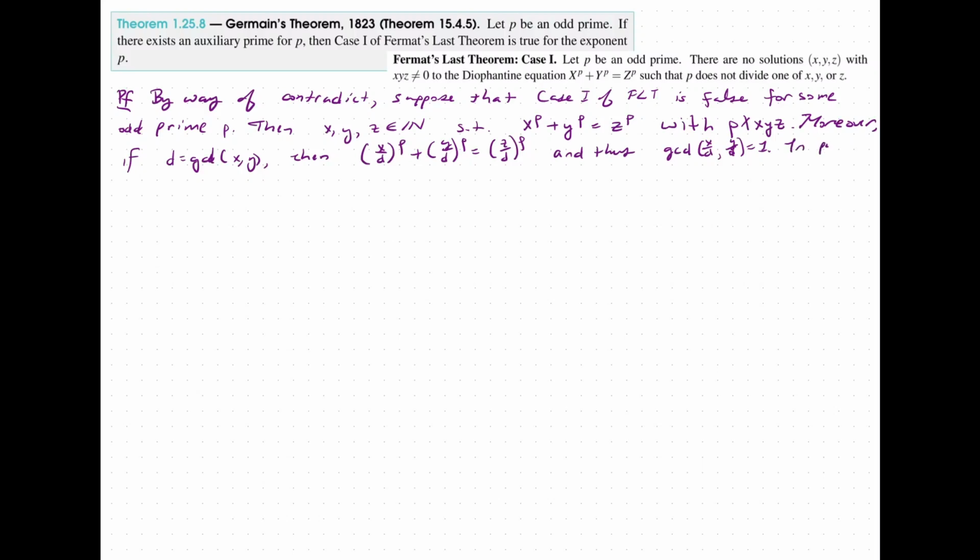So in particular, we may assume, after relabeling, that x, y, and z are relatively prime.